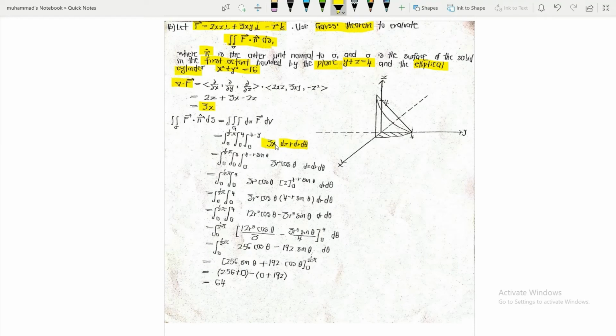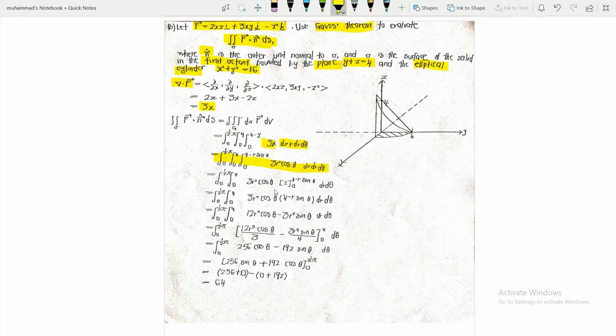Next, we substitute the limits. From this, we know that z is from 0 to 4 minus y, r from 0 to 4, and theta from 0 to 1 over 2 pi. So x here should be r cos theta and y here should be r sin theta. So we get like this.